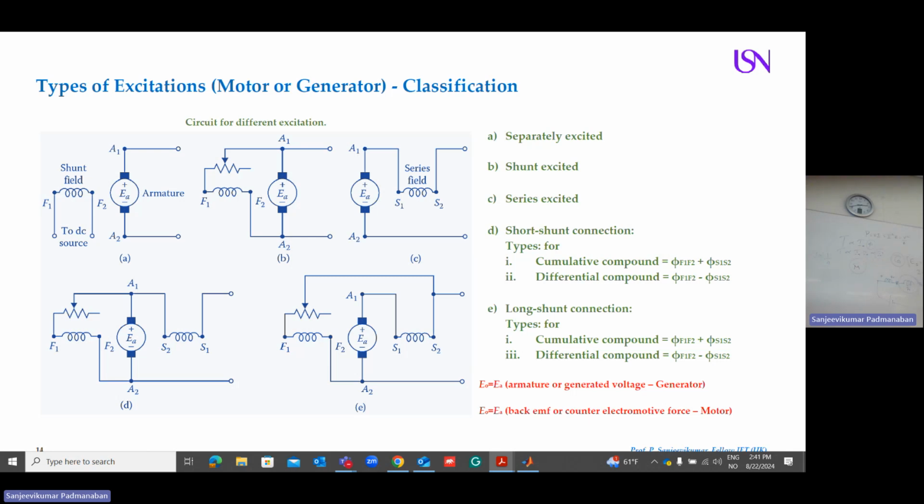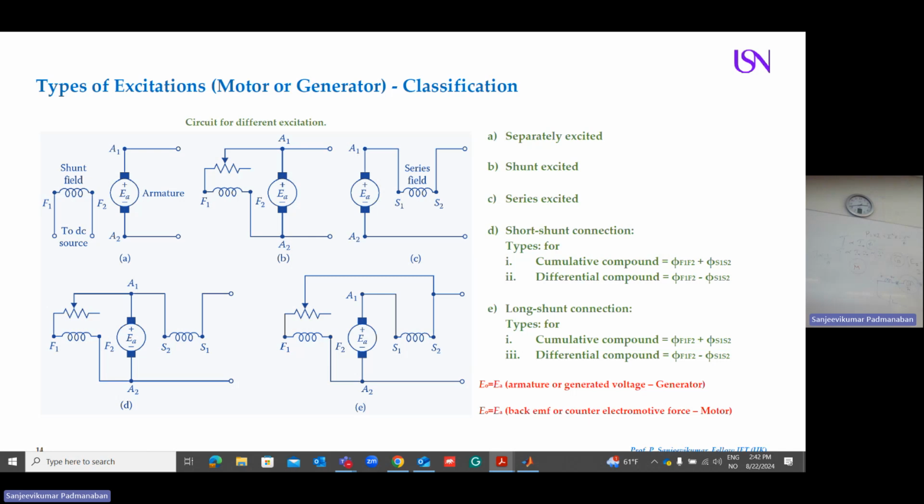The flux is produced here because these are field windings. If these two fluxes, phi 1 plus phi 2, add, we call it cumulative. Differential is phi 1 minus phi 2. That is the classification I have written here.